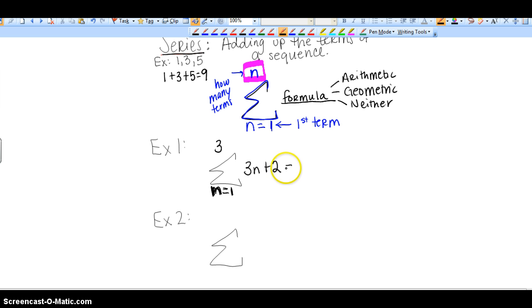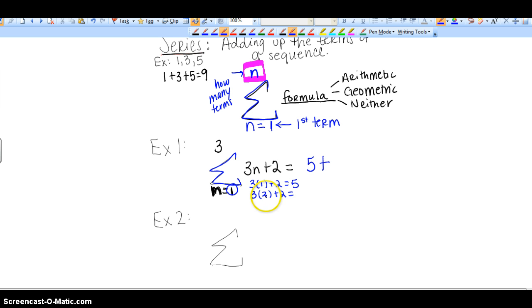So what this is asking you to do is, starting with 1, we're going to plug that in. So 3 times 1 plus 2 is 5. So 5 is the first term. Plus, because sigma means to add, we're going to go all the way to the third term. So we're going to do the second term.